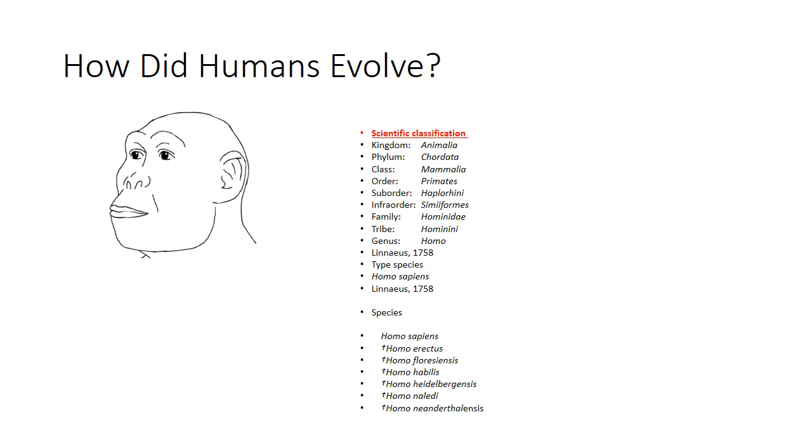And one important take-home message from this taxonomical picture is that we evolved from this family Hominidae and tribe Hominini, but it doesn't mean that we are direct descendants of those big apes that we see now. For example, chimpanzees or bonobos or orangutans.